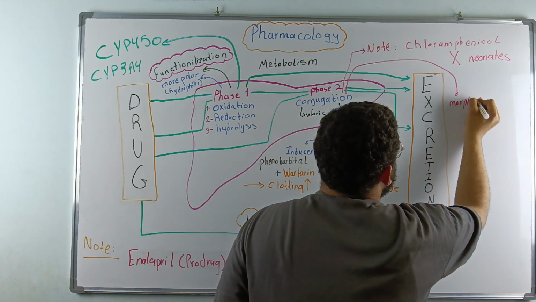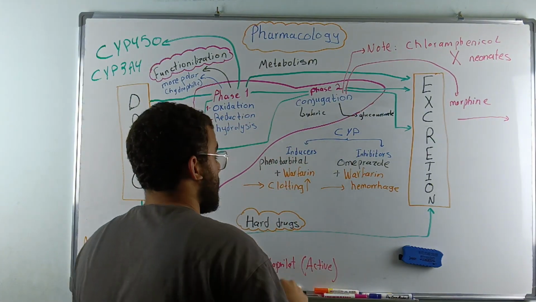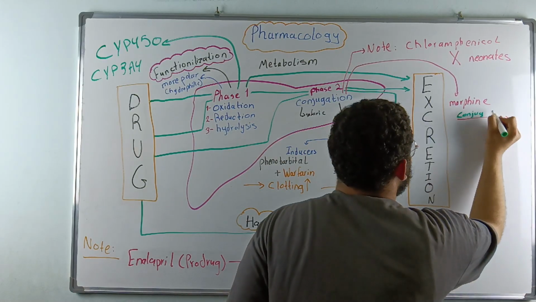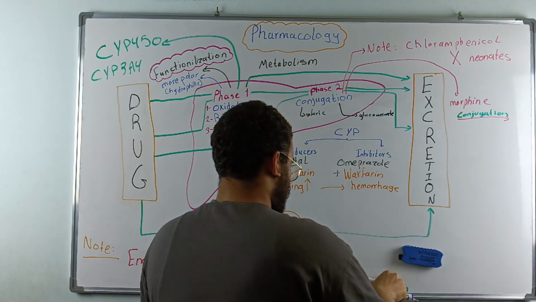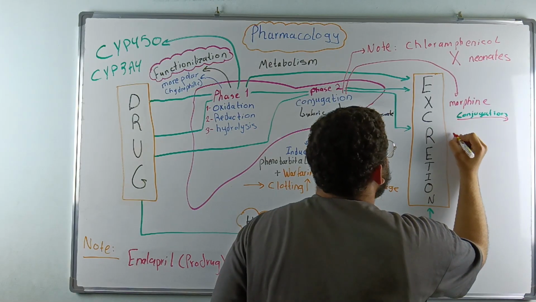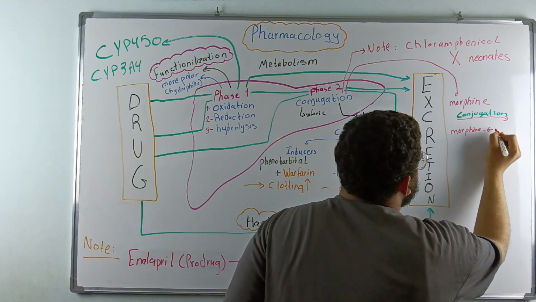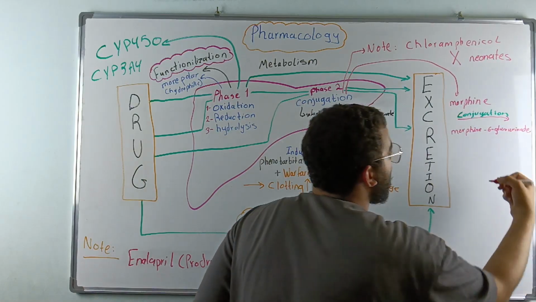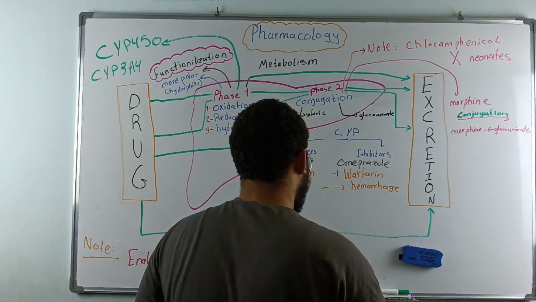Morphine, by conjugation, changes into a compound called morphine-6-glucuronate, which is more active than the normal morphine.